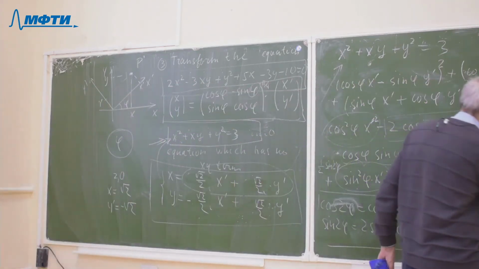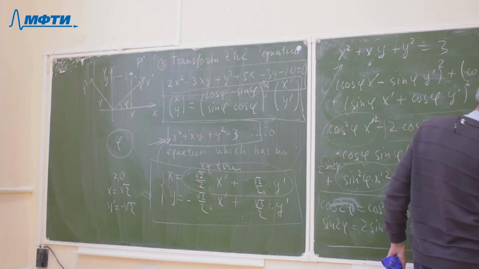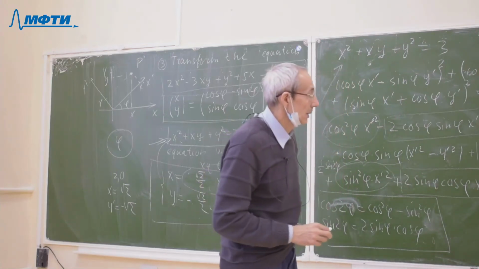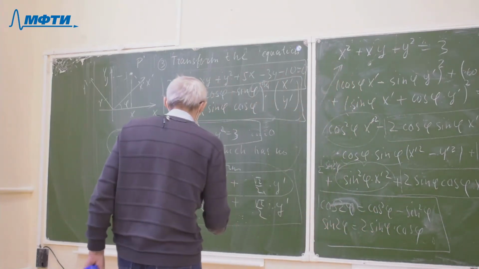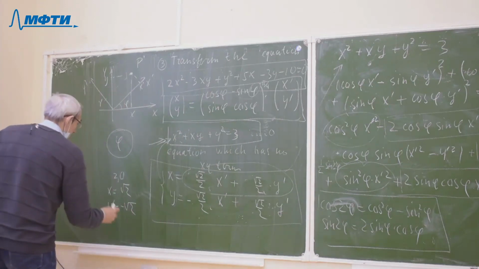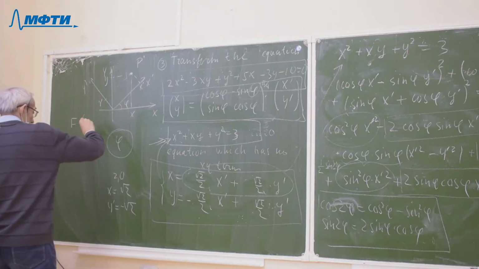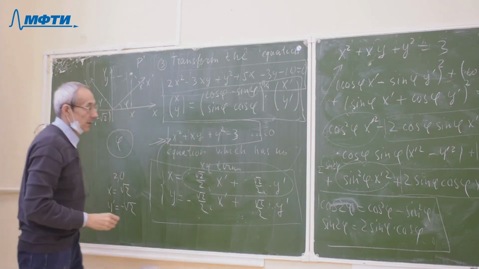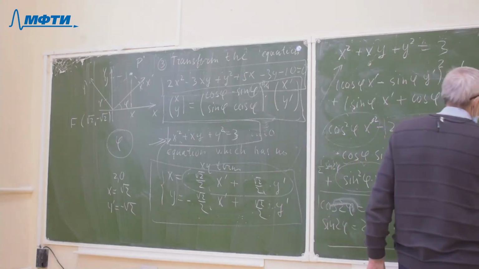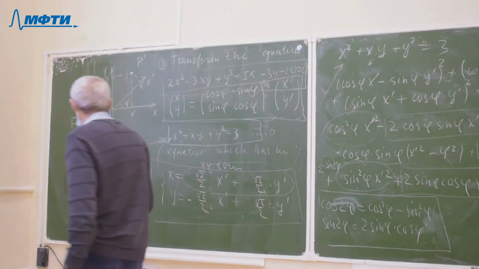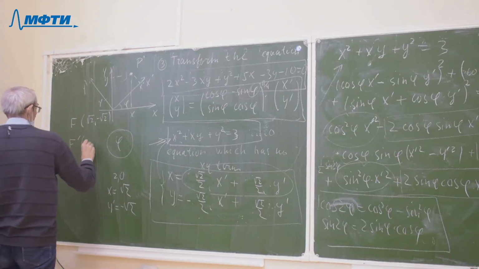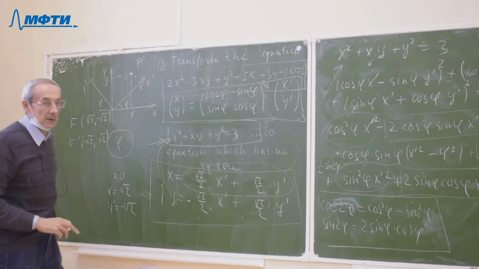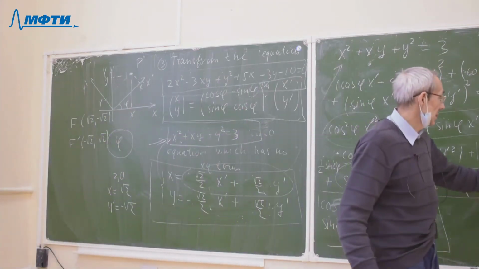We have these coordinates. The foci have the coordinates: F has coordinate root 2, minus root 2, and F prime has coordinate minus root 2, root 2. We have the coordinates of the foci in the old coordinate system.